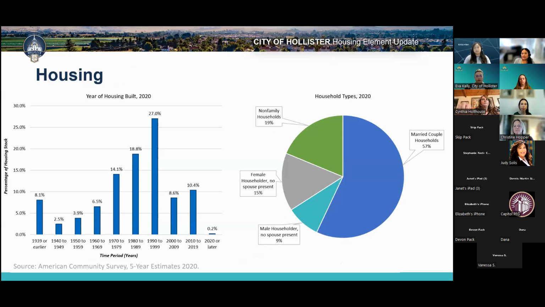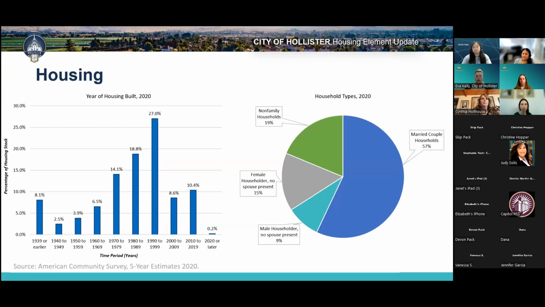Here we have some statistics regarding housing in the city. So historically, there was a boom in housing development in the 90s. Typically, we assume that units over 30 years old may be in need of some rehabilitation or upgrades. This doesn't include historic homes that are typically well maintained.